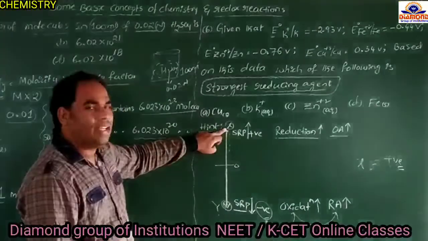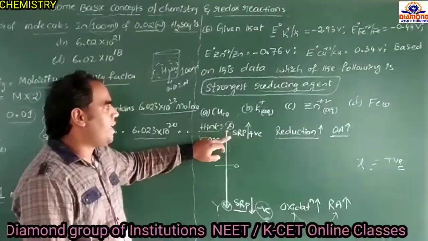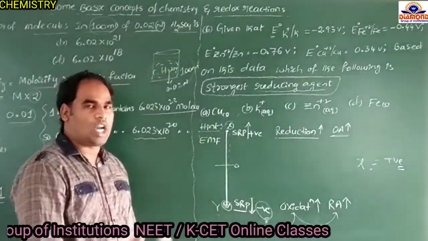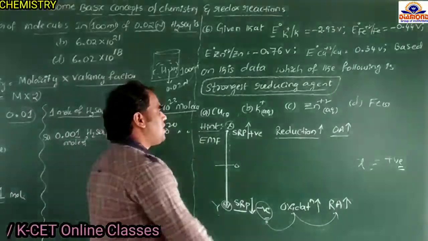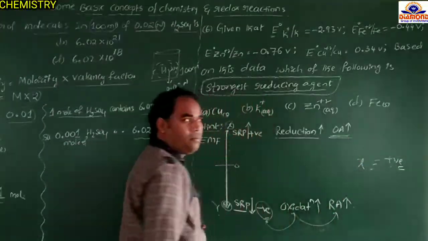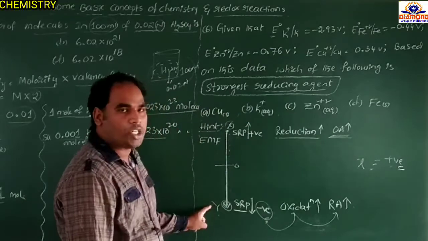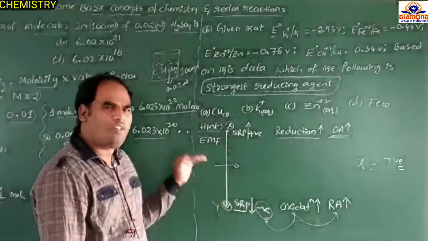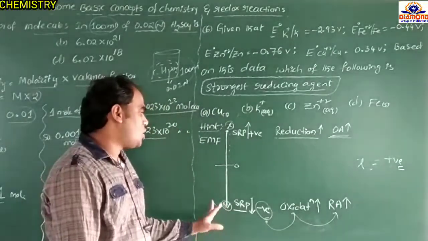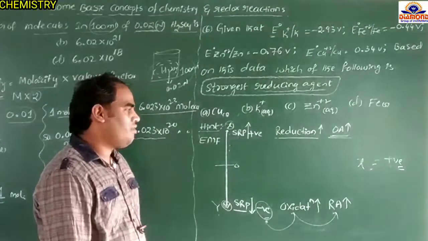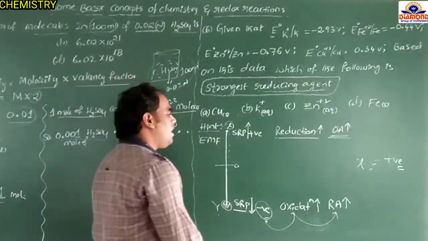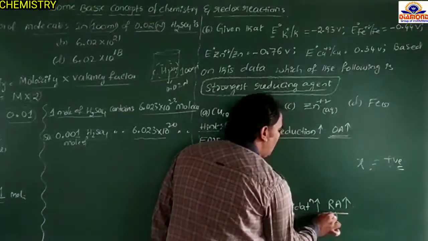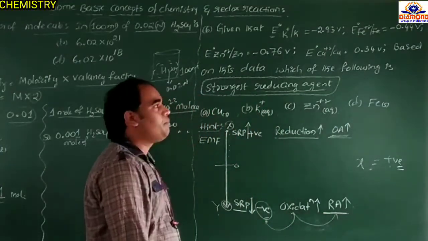If an element has a positive standard reduction potential value, it acts as an oxidizing agent. If the value is negative or very, very low, then it is the strongest reducing agent.